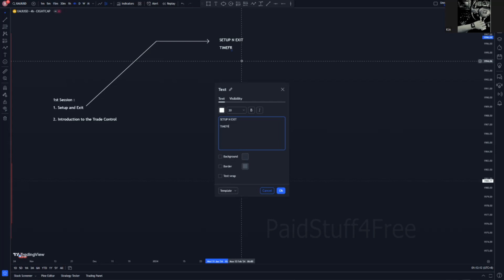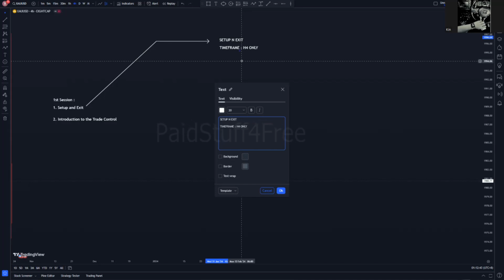So which time frame are we going to focus on in this topic? We are going to focus on H4 only. If you go to the 4 hours time frame, you can see a lot of zones for buy and a lot of zones for sell. Those zones we can use as our setup or our exit, depending on how we use them.